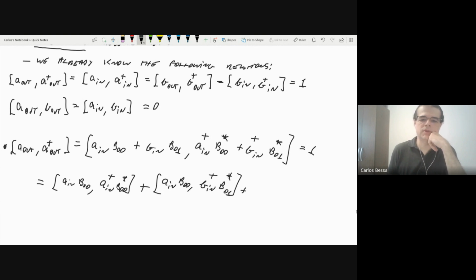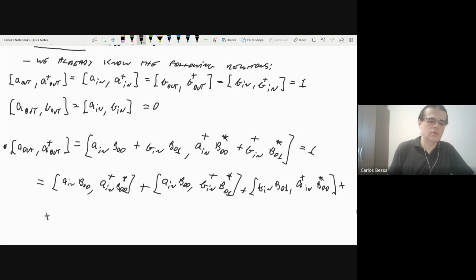So plus B in B01, A dagger in B00 conjugate, and the last two, the commutator of B in B01, B in dagger B01 conjugate. This is equal to 1.